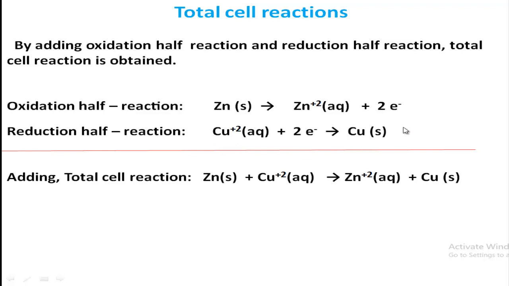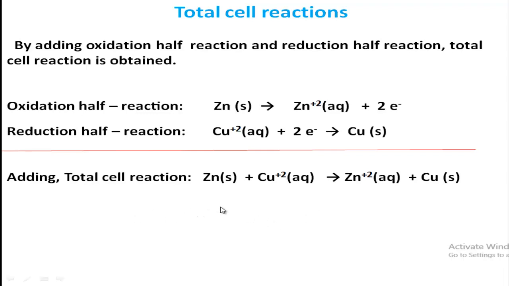Now if we cancel the electrons from both sides and add both reactions, we will get zinc reacts with copper sulfate and produces zinc sulfate plus copper. This is the total cell reaction. In this way we can easily present the half cell, full cell, and also cell reactions.